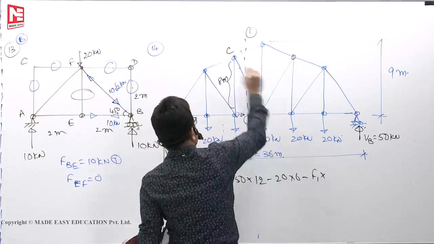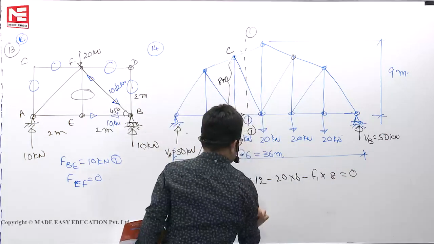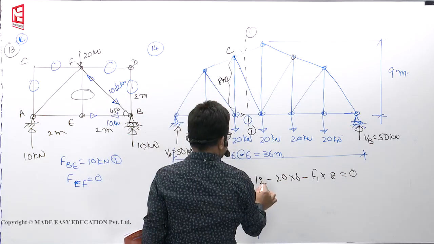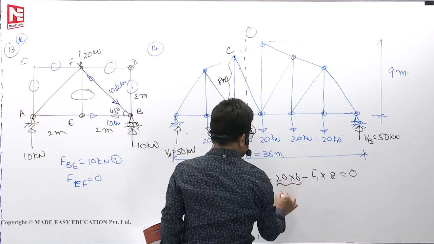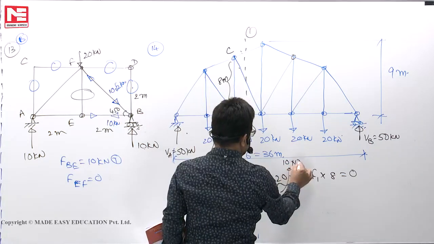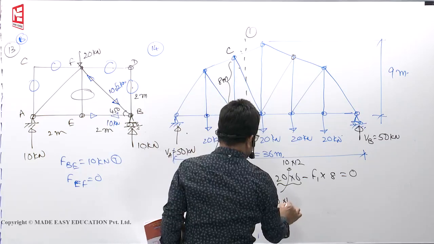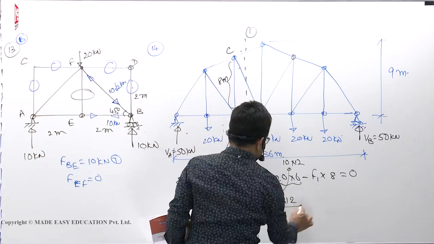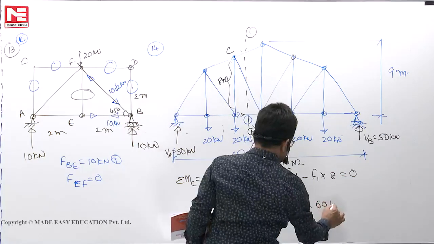So this is anti-clock. Minus F1 into 8, 0. So F1 will get 50 into 12 minus 10 into 12 I can write. This I can write it as 10 into 12. So 50 minus 10, 40. 40 into 12 by 8. 8 5s, 12 5 is 60.